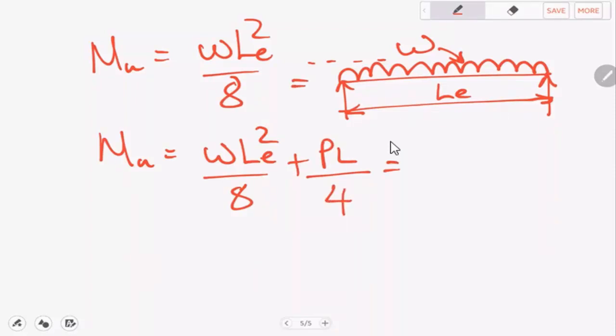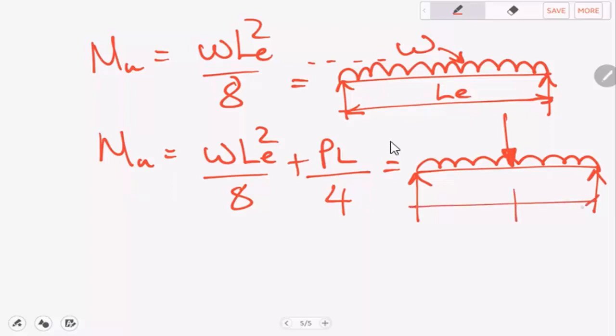If you've got a scenario like this, you've got a simply supported beam, you've got a UDL, and you've got a point load. But where is that point load acting? That point load is acting at midspan, LE over 2, LE over 2. So this is the point load, this is omega.